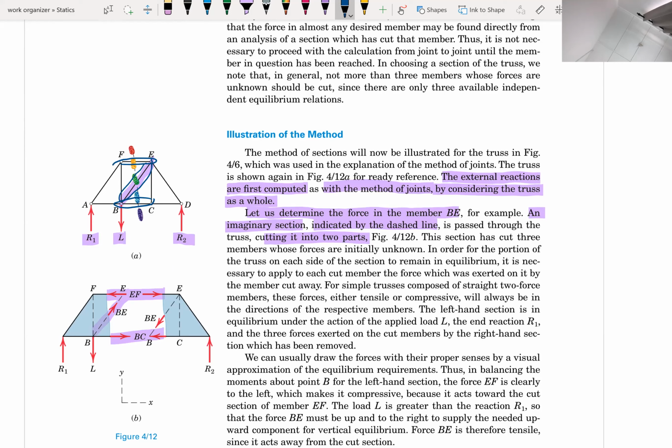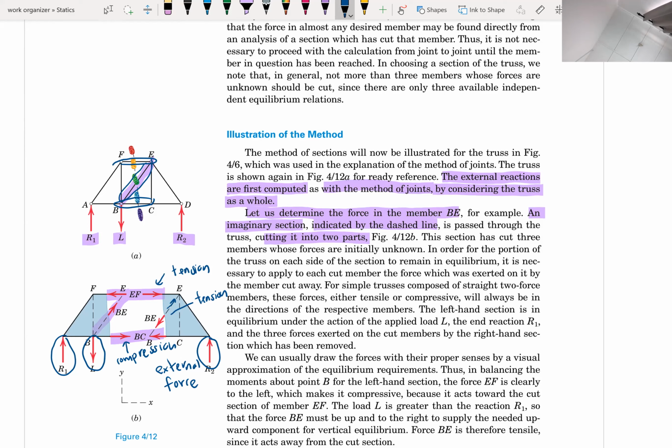In this case, kita tengok juga based on external force ni. Based on this external force, kita assume this one to be under tension, and then this one under compression, and then this one, dia macam ni, so it is under tension.